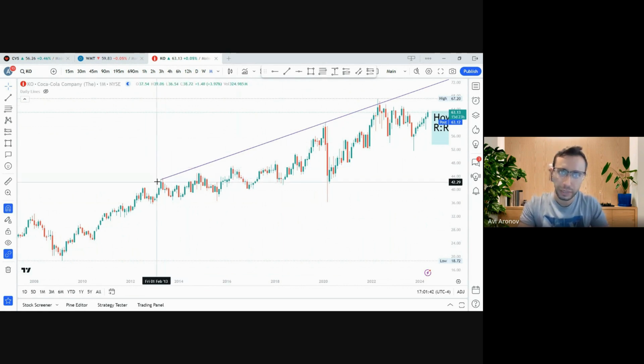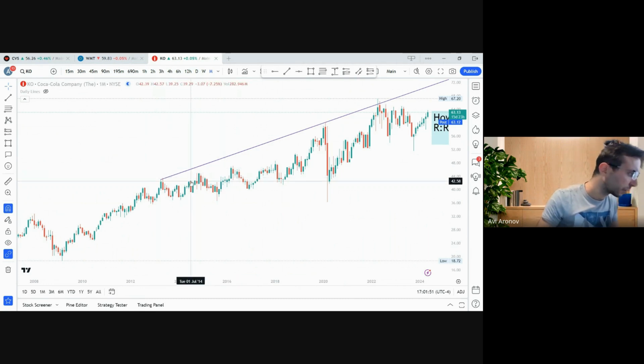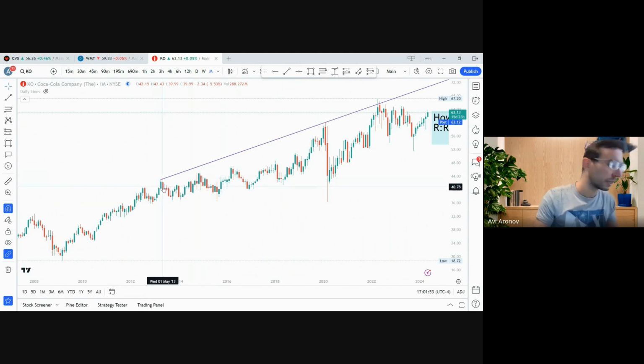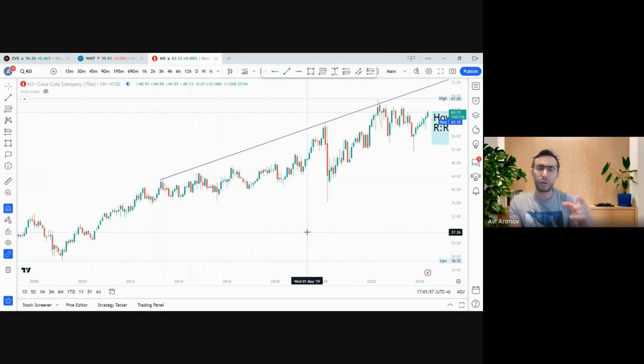So it might be here one, and let's say here another one within this area, and then it would be at least a couple of days or months away, or at least a couple of candles away from the current candle that you started from.